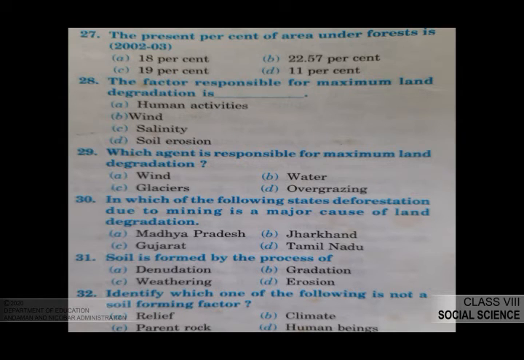Okay, means you have to choose the option which is not a soil forming factor. So your options are relief, climate, parent rock, and the last is human beings. Okay, so I am repeating it. Listen, your options are relief, climate, parent rock or human beings. I hope you got the answer for it.